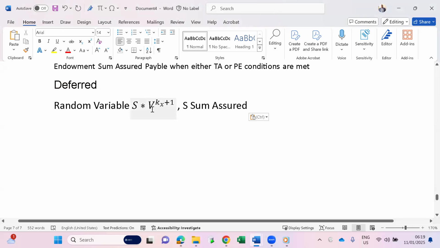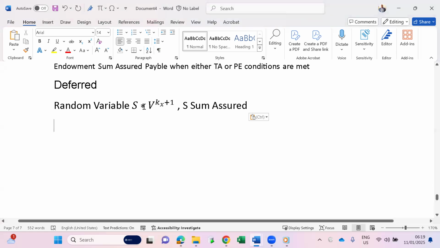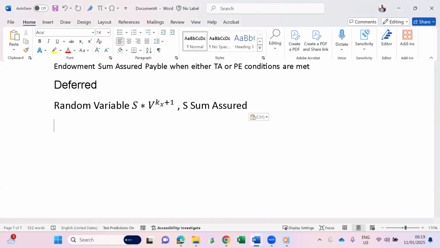We've also determined the PDFs of K_x and the calculation and what it means in the life table, so we're not going to get into that. So that is the random variable: Z equals v^(K_x+1). You can include the S, but it's normally a 1, as long as you define the S.